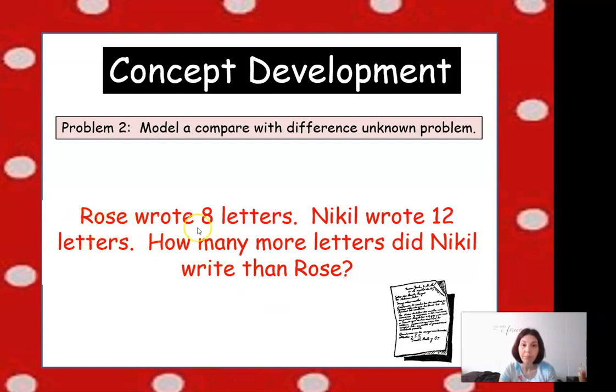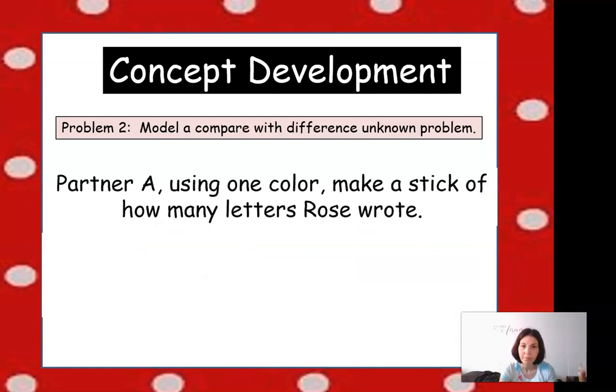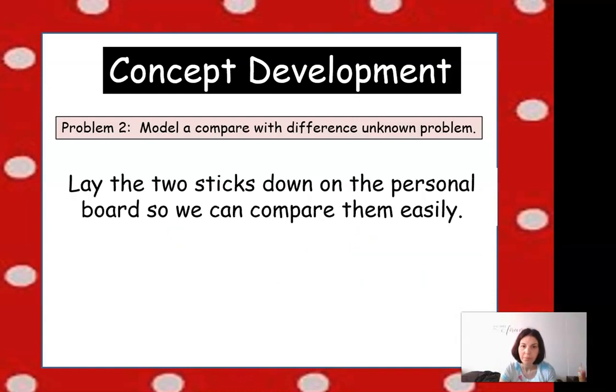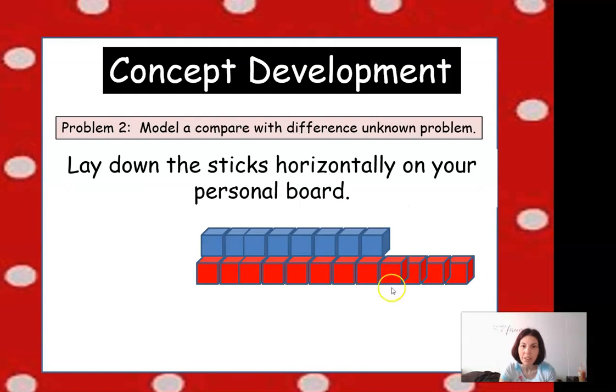Let's look at this problem. Rose wrote 8 letters. Nikhil wrote 12 letters. How many more letters did Nikhil write than Rose? So we can lay down these cubes on our board, line them up at the ends, and we can look and see how many more there are.